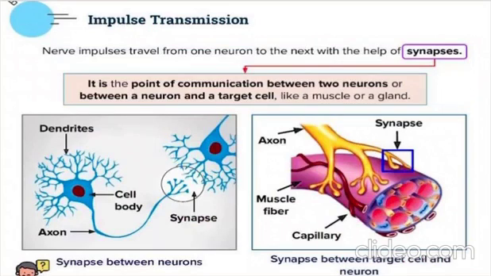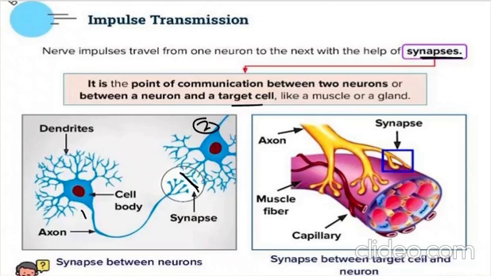Nerve impulses travel from one neuron to another with the help of synapses. What is a synapse? It is the point of communication between two neurons, or between a neuron and a target cell, like a muscle or gland. Whenever I have two neurons, the space between them is known as a synapse. Here you see, this is neuron number 1, this is neuron number 2.